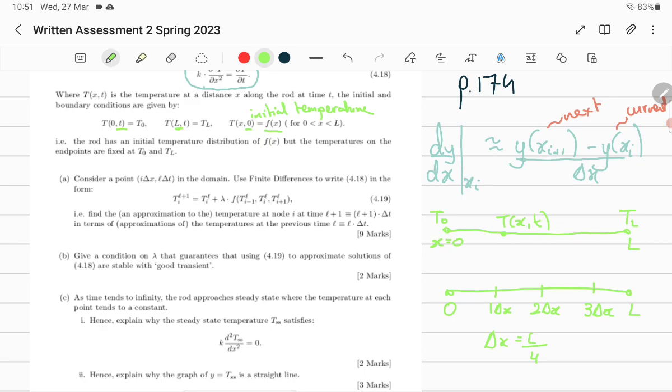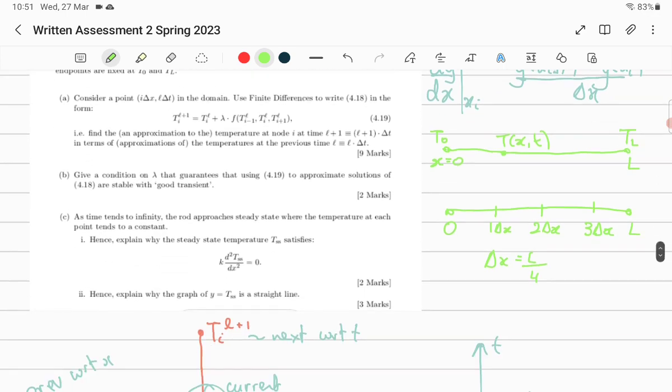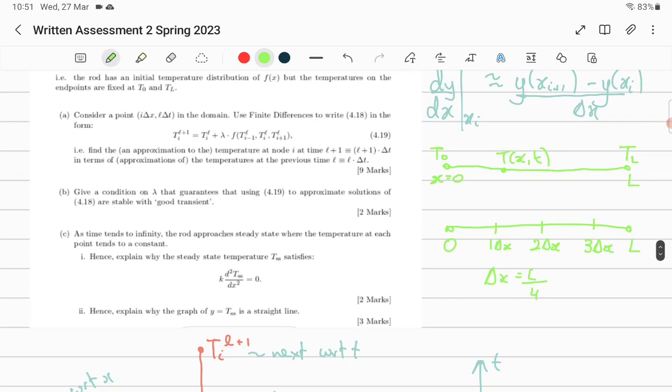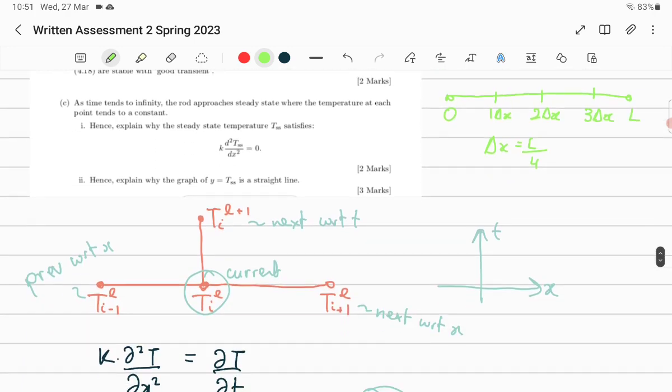And you're also chopping up the time. Now it's asking us to take a point in the domain, so we'll see what the domain looks like. If you haven't seen the lecture video for the heat equation, you'll have to go and have a look at it to understand what we're doing here.